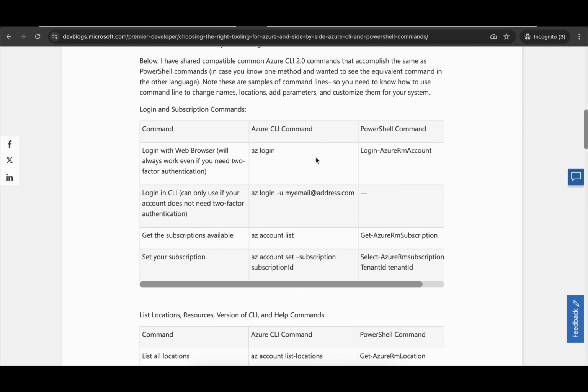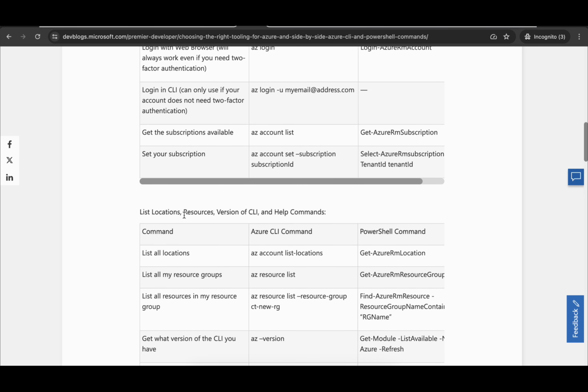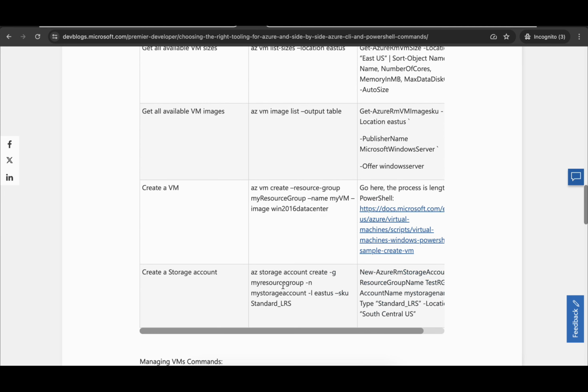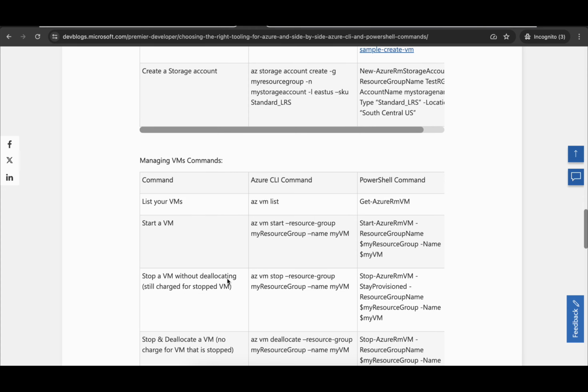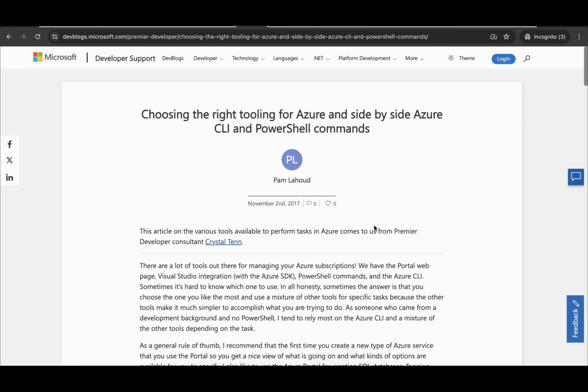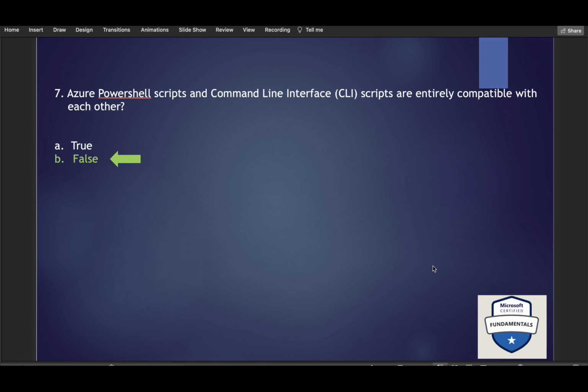So here they have listed the CLI command versus the PowerShell command for login and subscription commands, for list location resources commands, for creating a resource group, VM storage commands, for managing VMs commands. Okay, so all this is mentioned over here. Go through this also, which is very useful, and the answer is false here.